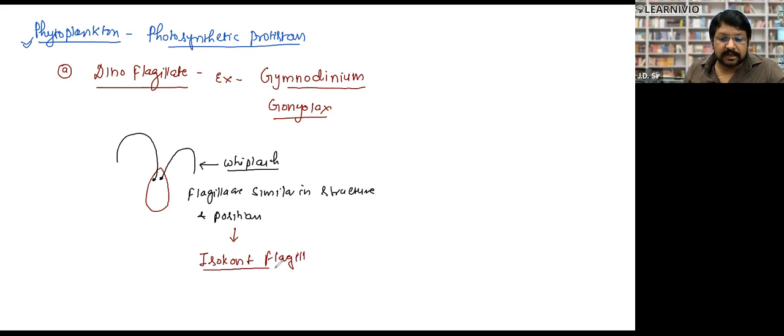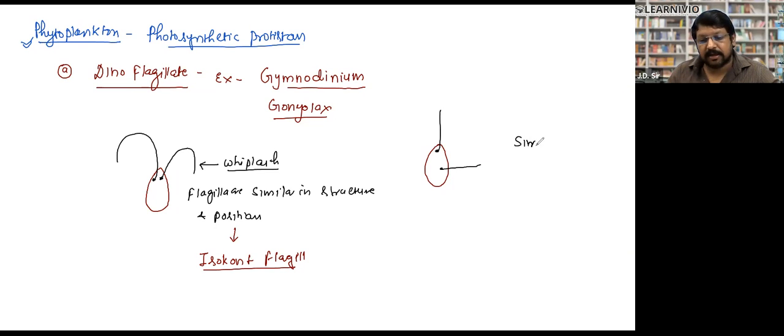If two flagella are similar in structure and direction, or we can say position, they are called isokont. Suppose they are similar in structure but different in position, one flagellum here and one there, so the direction is different, or different in length or position.